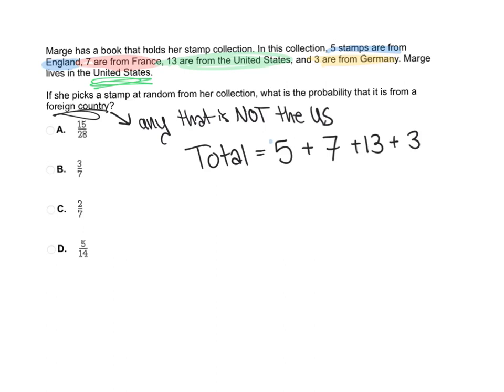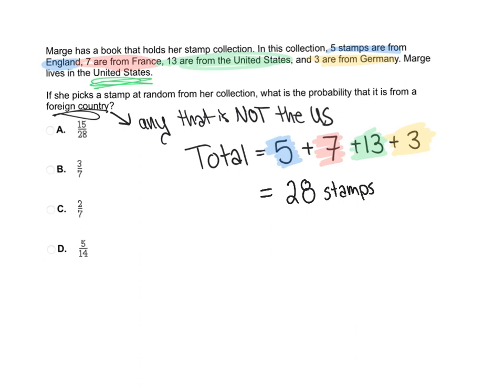I want to make sure I am finding my total correctly, so you can use your mental math or a handy dandy calculator. For me, 5 plus 7 is 12, plus 3 is 15, plus 13 is 28. So that means there's 28 total stamps.